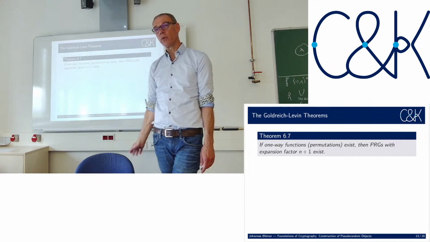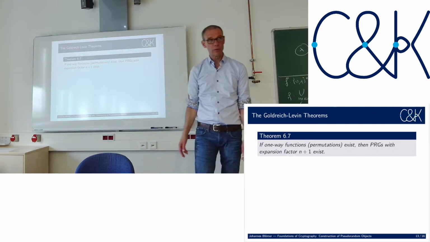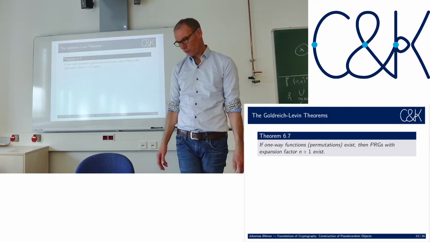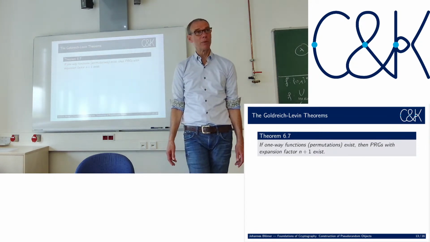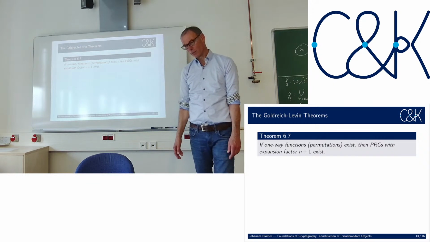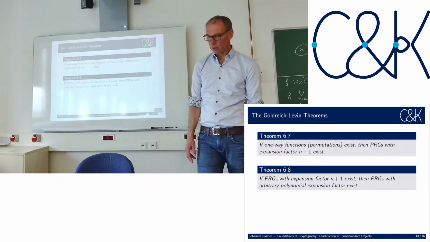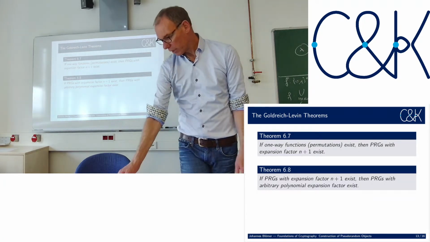The existence of hardcore predicates is not shown in the lecture notes. It's a beautiful proof, but I did not include it. But if you really like clever applications of probability theory, this is a really nice example. And then it's also the Goldreich-Levin theorem. Then PRGs with arbitrary polynomial expansion exist.